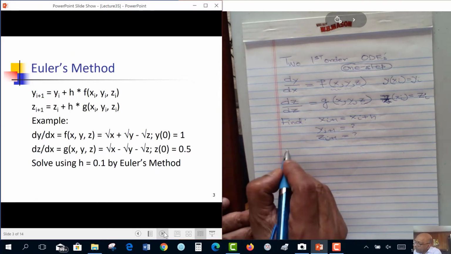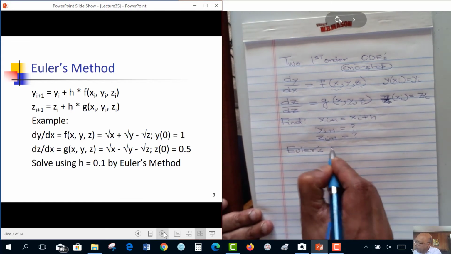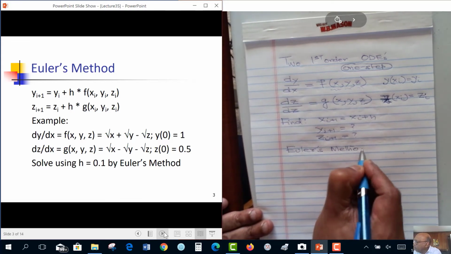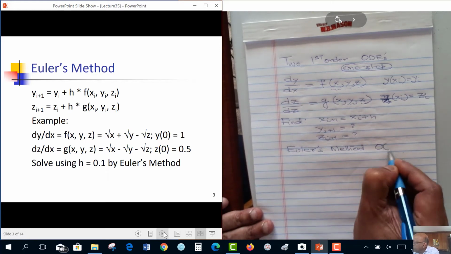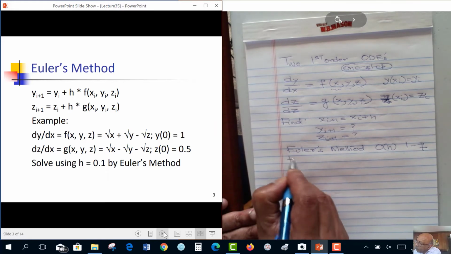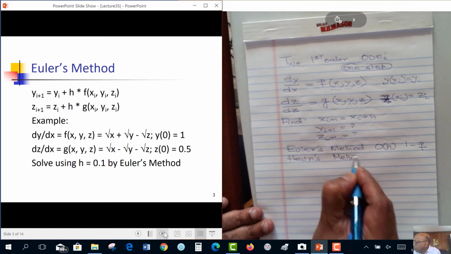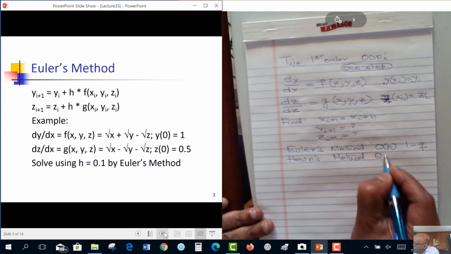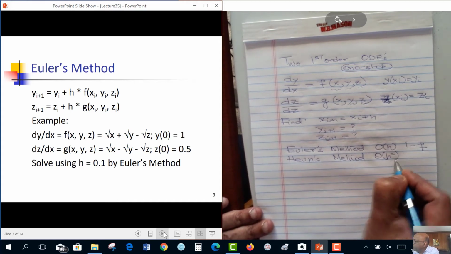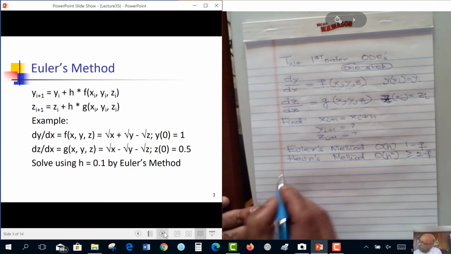So we covered three methods last time. Euler's method, it was order h, one function evaluation. Heun's method, order h squared, two function evaluations.